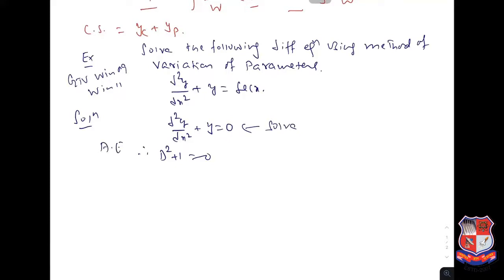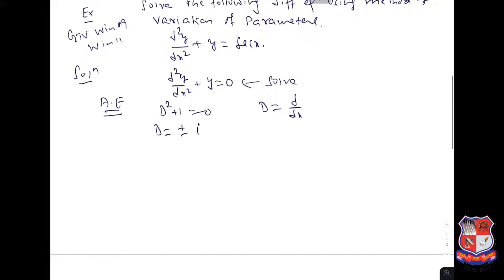So for that the auxiliary equation is this much, where D stands for d by dx, and we know the roots are plus minus i.